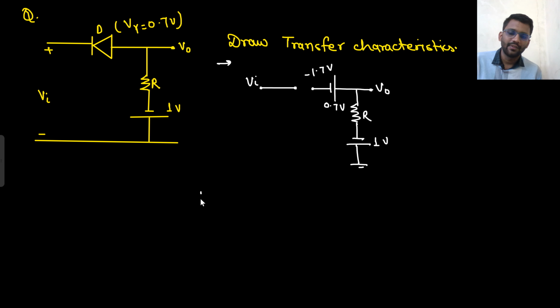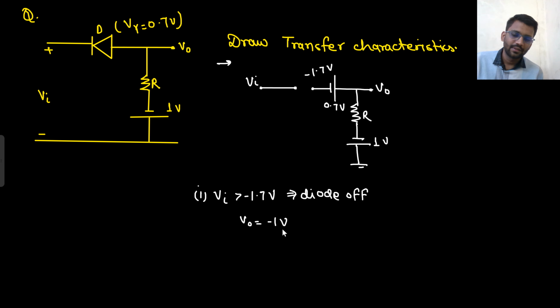Okay, so first thing we will write, if V in is greater than minus 1.7 volt, that means N side is having more potential, that means diode will be off. And if diode is off, there will be no current through the resistor, V naught will simply be equal to minus 1 volt. Well and good. Second point, when V in is less than minus 1.7 volt, that means N side is having lesser potential and P side is having more potential, diode will be on.